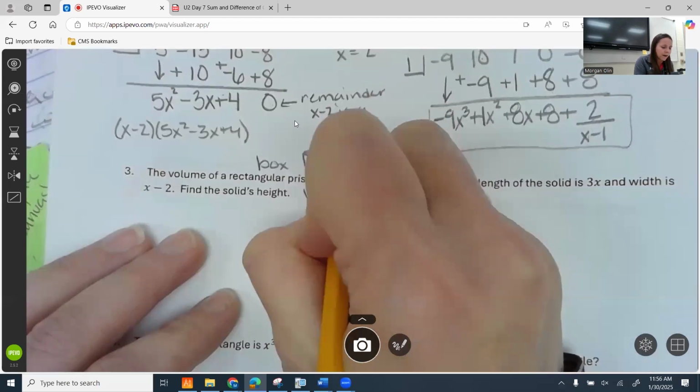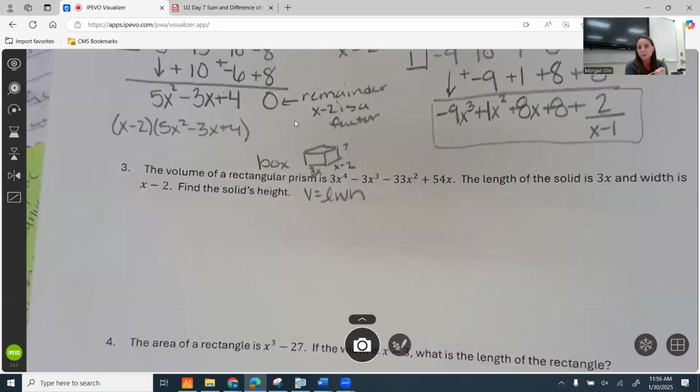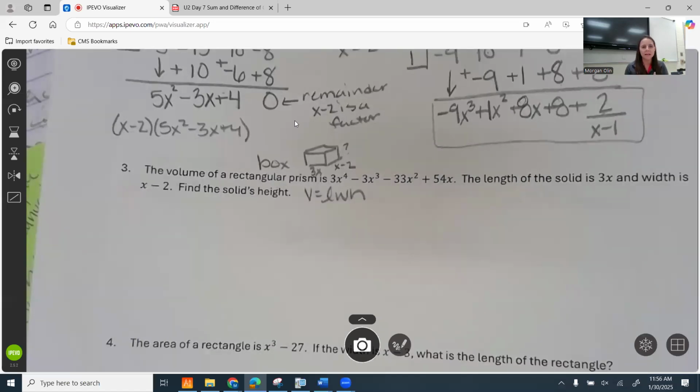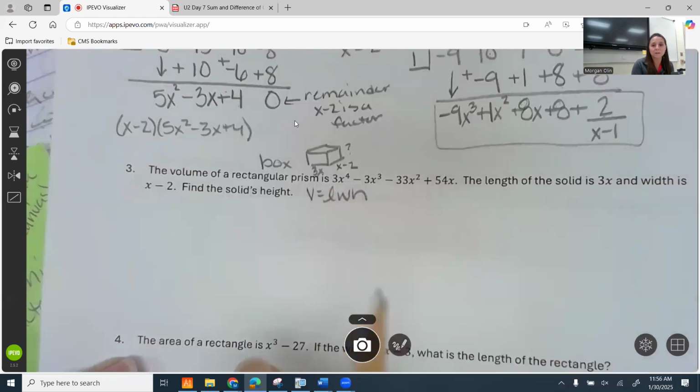So find the height. So we're finding the 3rd dimension of this. Well, what do I need to do? Okay, I need to divide. All right, now I'm going to start with the 3x first. Now, this isn't like 3 plus x. It doesn't have a plus or minus. This 3x is actually a GCF that pulls out here.